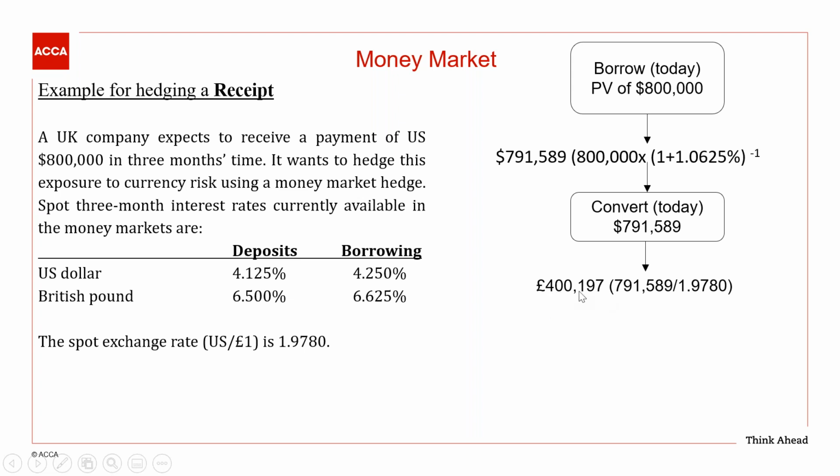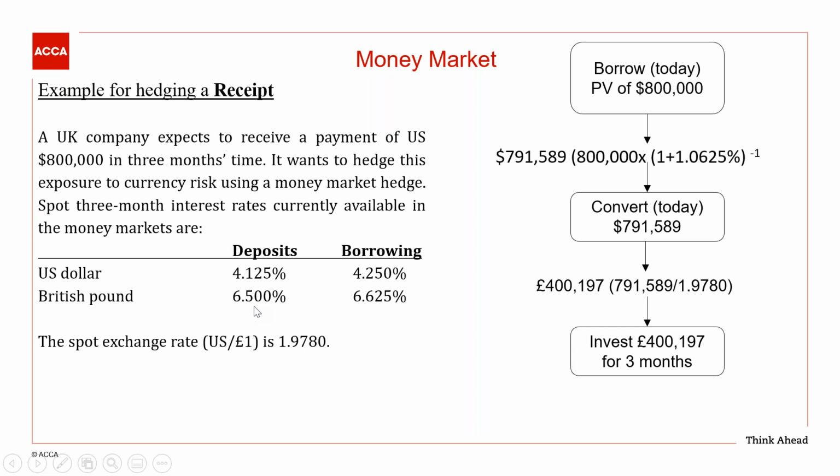Now we won't keep this idle. We will invest them for another 3 months. This amount will be invested for 3 months. Now this is a pound sterling amount, so we'll be taking the deposit rate of pound sterling, 6.5.